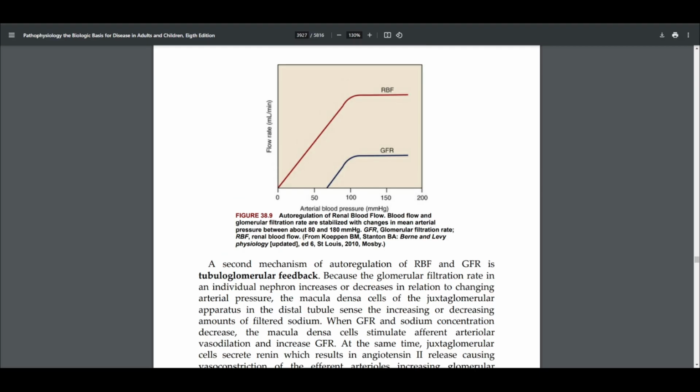Here you're taking a look at the flow rate versus the arterial blood pressure. The autoregulation of the renal blood flow and glomerular filtration rate are stabilized with changes in mean arterial pressure between about 80 to 100 millimeters of mercury. So then you have your GFR and your renal blood flow.